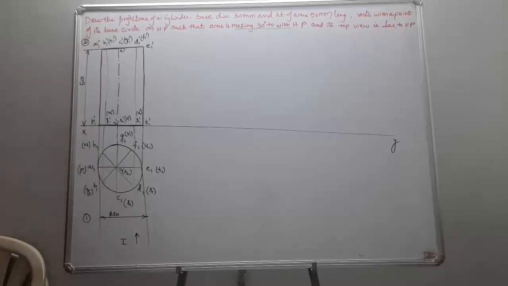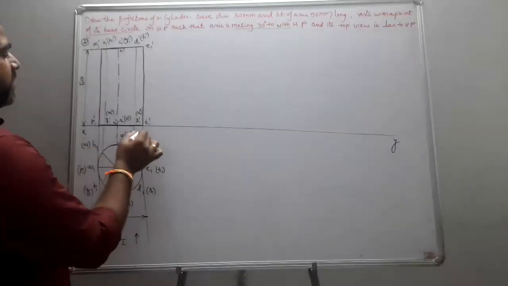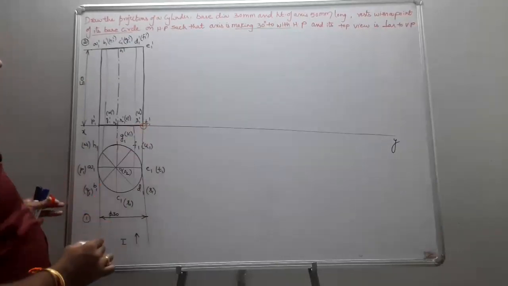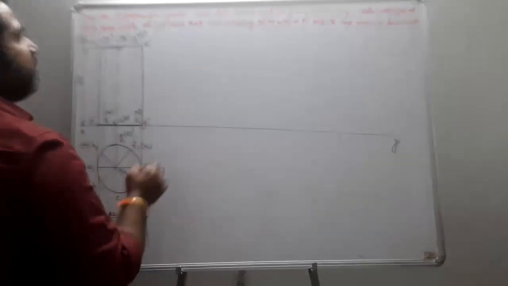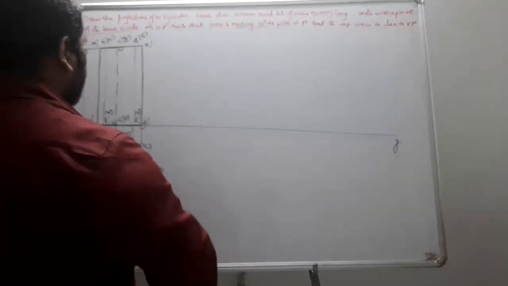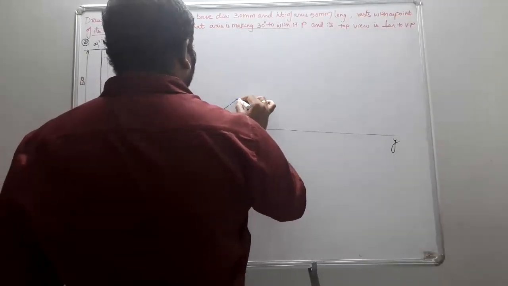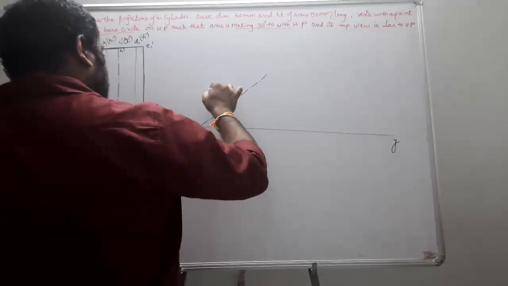Once you obtain your step 2, next we know that it rests with a point on its base circle. Let us consider that point is this T. Rest with a point on its base circle. Okay, and then the axis is going to be inclined at an angle of 30 degrees with HP. So draw a line of 30 degrees with HP.